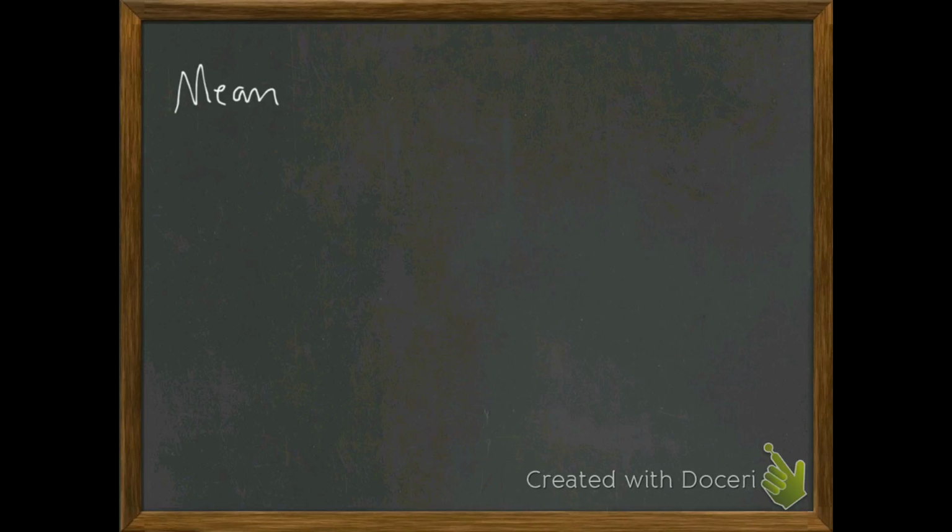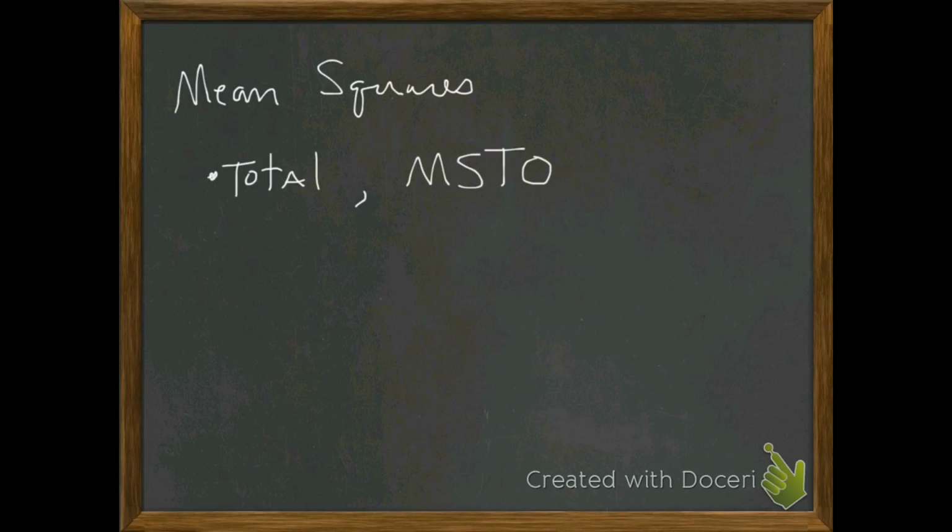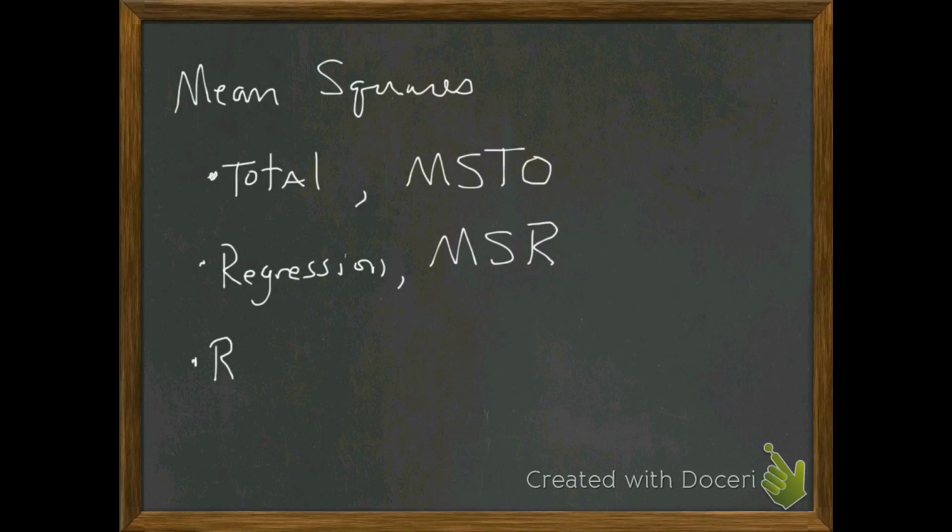So, what I want to look at now is something called the mean squares. Obviously, I want to look at the mean squares for the total, which will be MSTO, the mean squares for the regression, which is MSR, and the mean square for the error term.